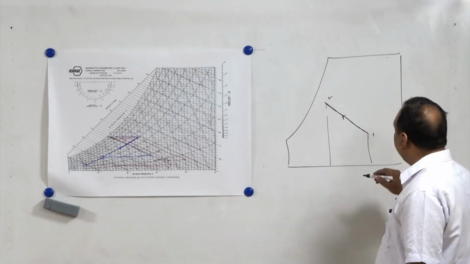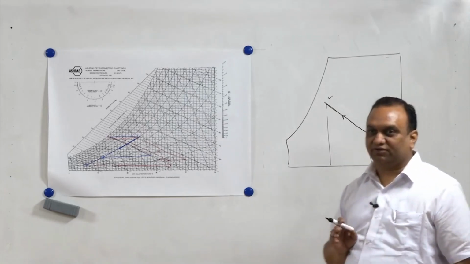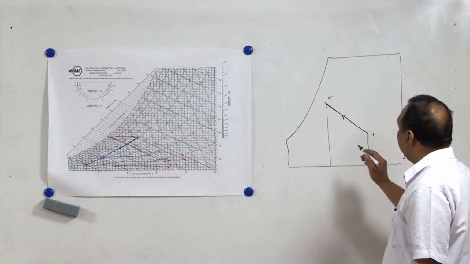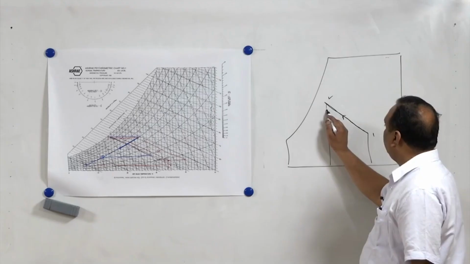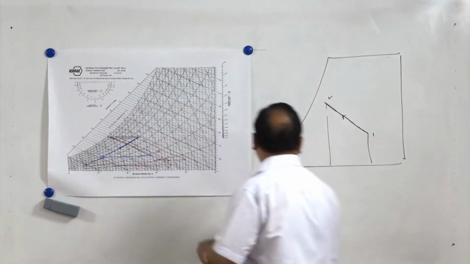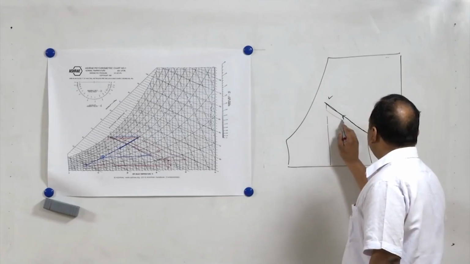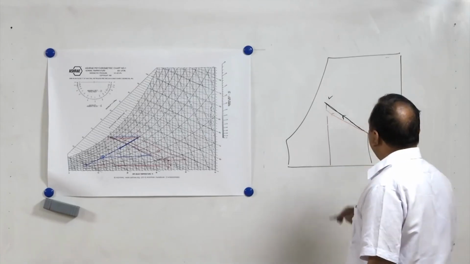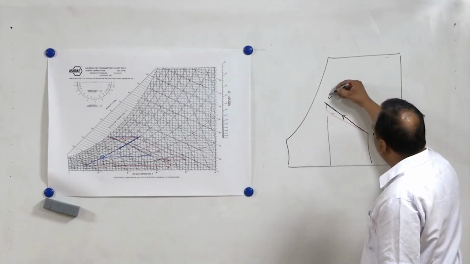If the temperature of water which is being used in this process is less than the wet bulb temperature, we will be getting this line. If the temperature is more, we will be getting this line.